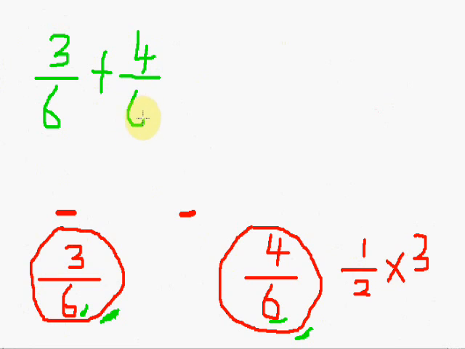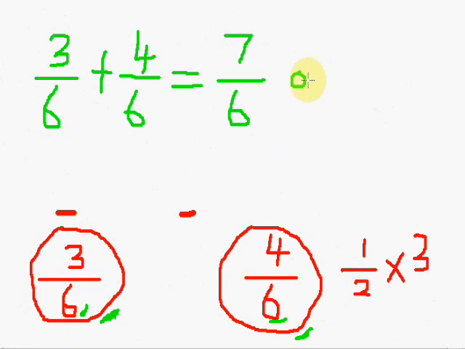As I said, we have a common denominator, and once we have a common denominator, we just simply have to add or subtract the numerators at the top. In this case, 3 plus 4 is 7, and the denominator is 6, so the answer is 7 over 6. 7 over 6 is called an improper fraction, and we look at those a little later.